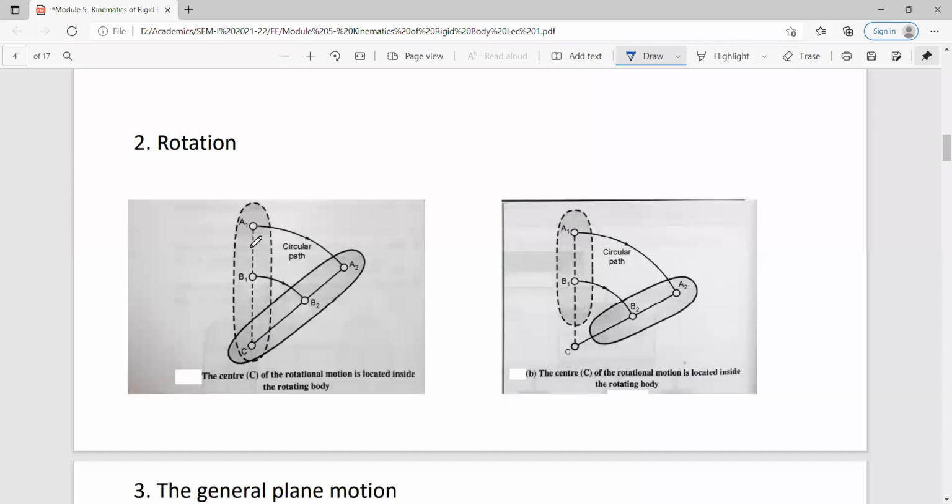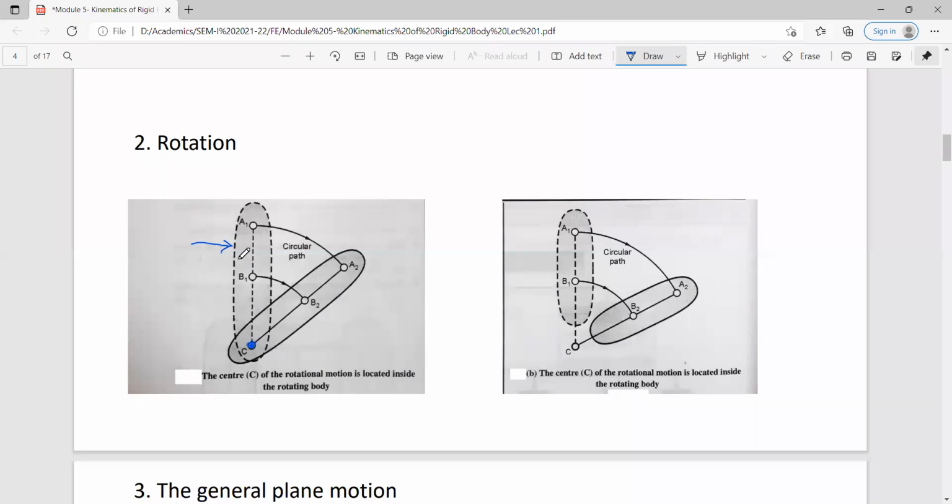It changes its orientation. One can see, suppose this is the initial position of the body, and you are turning this body about point C.